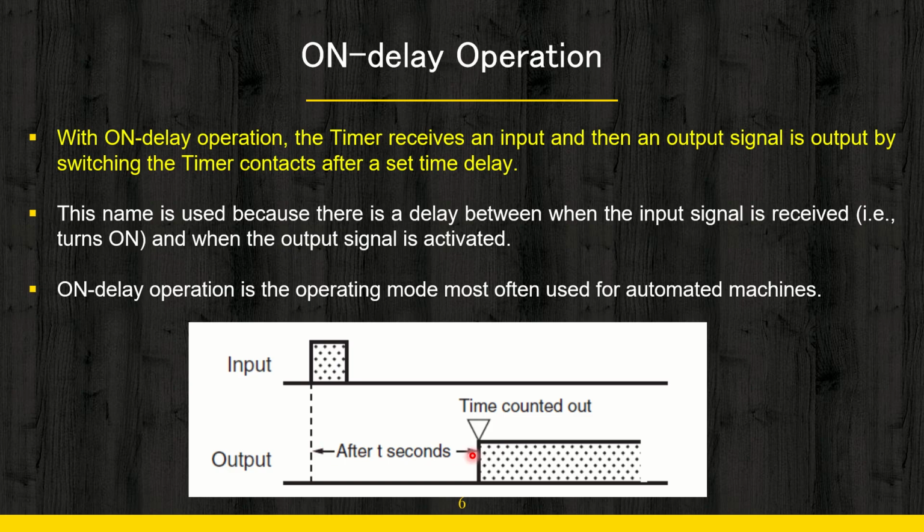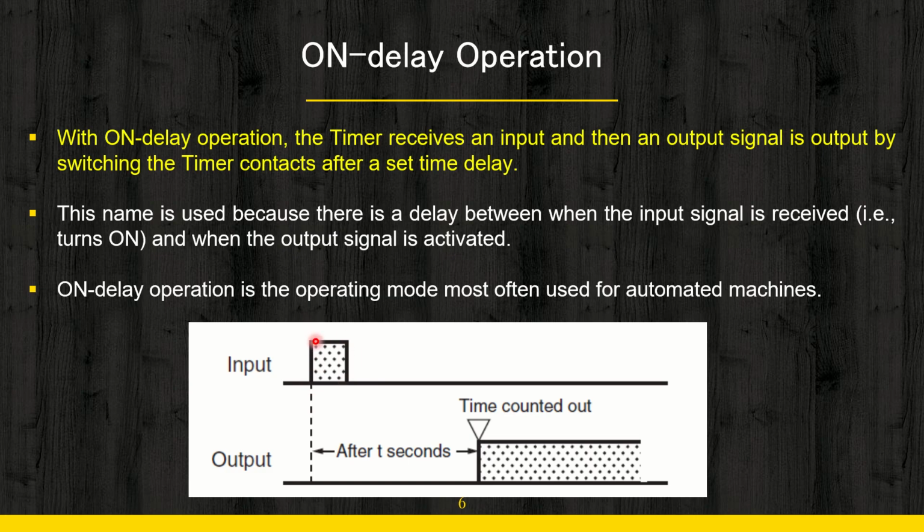Now let us try to understand why the name on delay is given. This name is used because there is a delay between when the input signal is received and when the output signal is activated. So here you can see the input signal is received and here actually the output signal is activated. The input signal should be a very small duration signal.